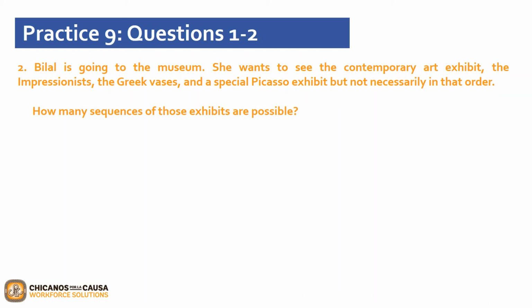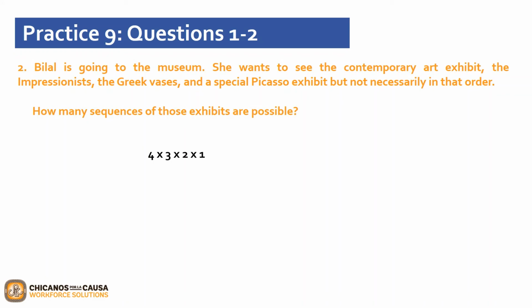So this is really similar to the prior example that we had of someone taking a day off and wanting to do 4 different things. So we're going to follow the exact same steps. We have 4 different activities that we can choose from. Once one of them goes first, then it only leaves 3 other ones to go second.